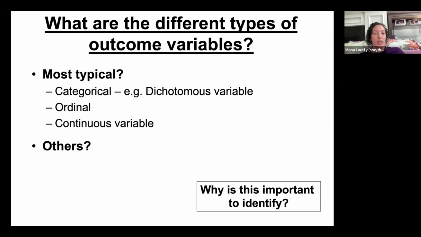The most common categorical variable that we love to work with are dichotomous variables. A dichotomous variable is a type of categorical variable, and another term for it is binary. So there's only two options. So for example, the ultimate outcome variable is death. You can see that that's a dichotomous variable. Alive or dead. Do you see that? Yes or no.